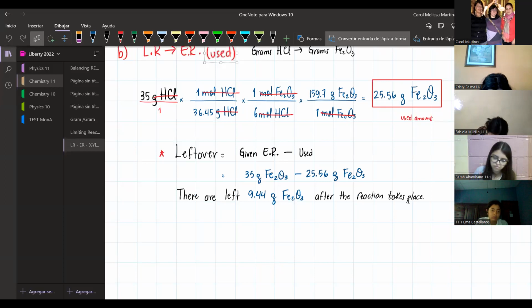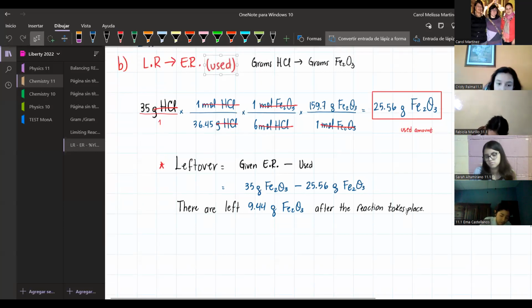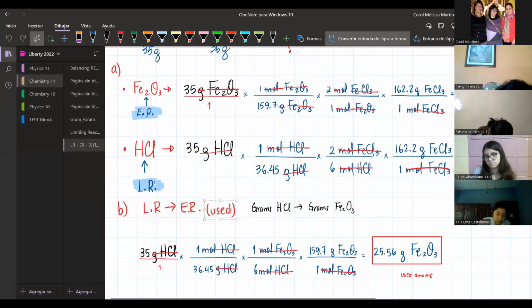After the reaction takes place, there are 9.44 grams of iron 3 oxide left. That's, guys, how you get the leftover, but that's not it. What comes next?